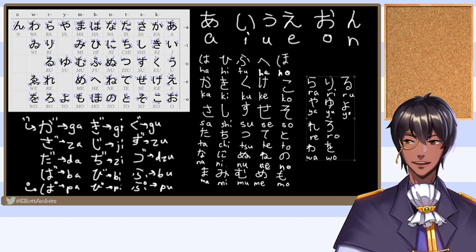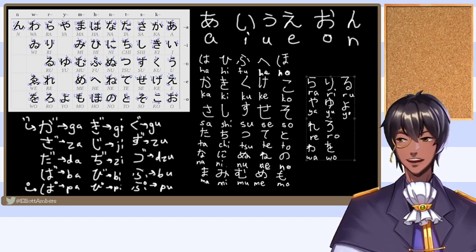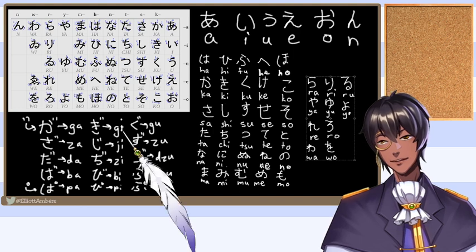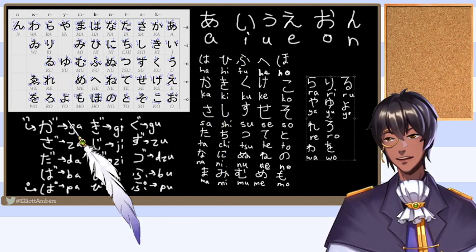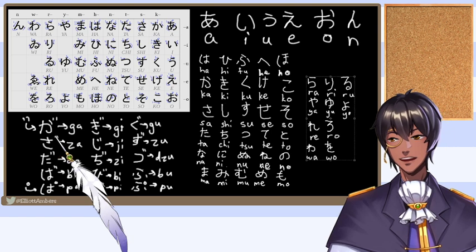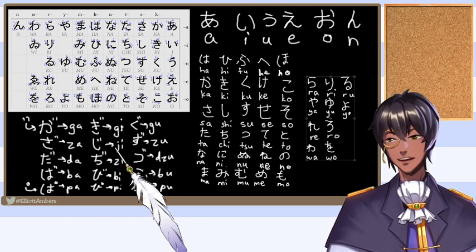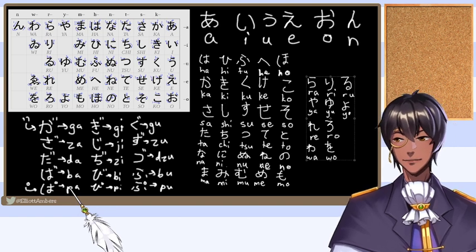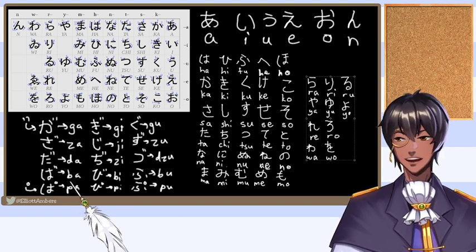So, there's not too much I have to introduce, just we went through this. Let me pull out my little pointer. We went through all the table here. We talked about those muddled sounds like ga, gi, gu, ge, go, za, da, ba, and pa. So we're going to apply similar topics today as we go through the katakana table.